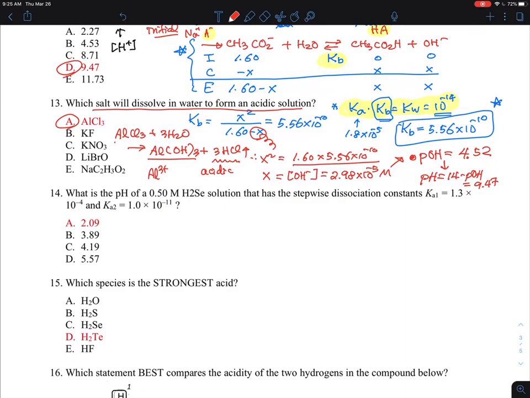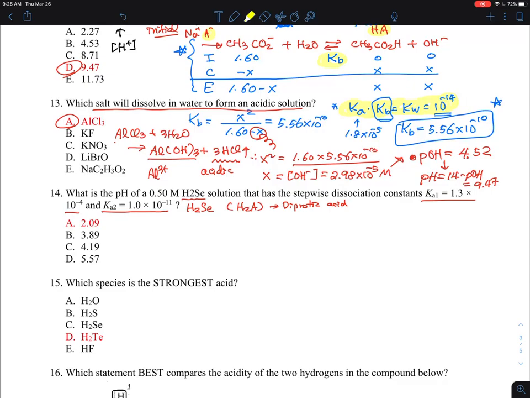Okay, so this looks like what is the pH of this solution? This one looks funny, but that means H2Se. So you can think about it: this one is more like H2A, which is a diprotic acid. So with a diprotic acid, you can have a K1 value and K2 value.